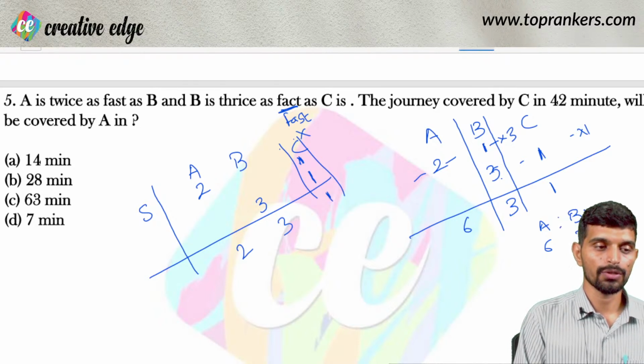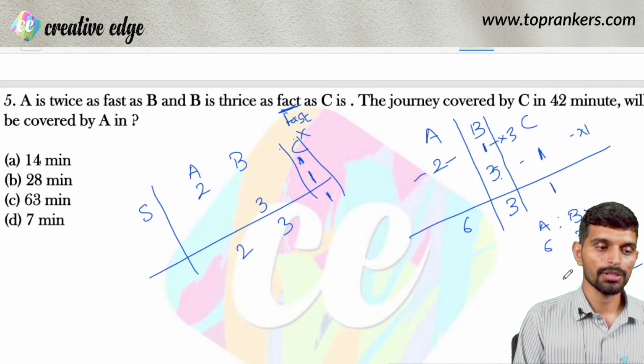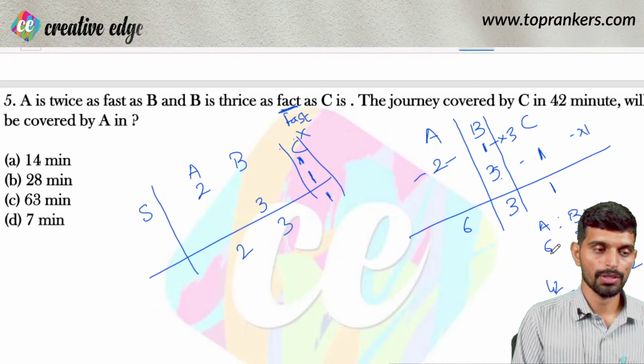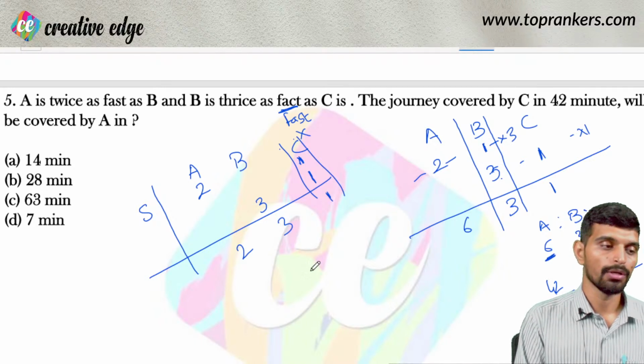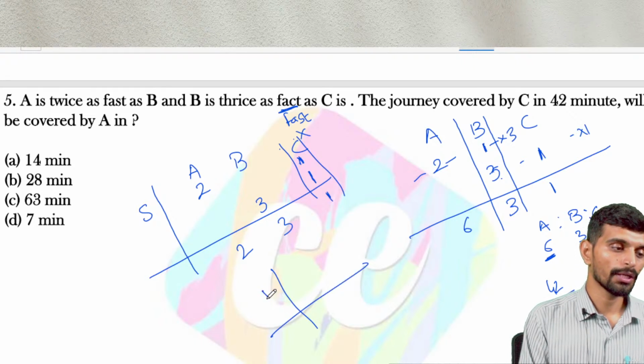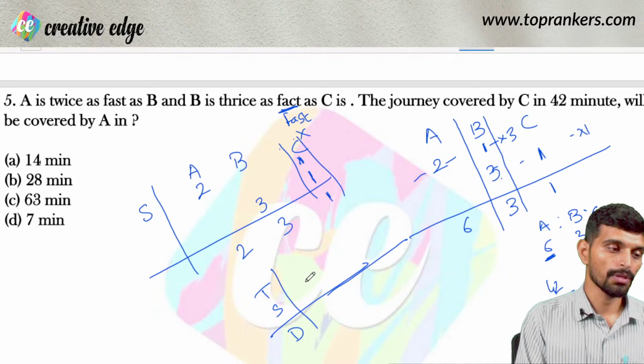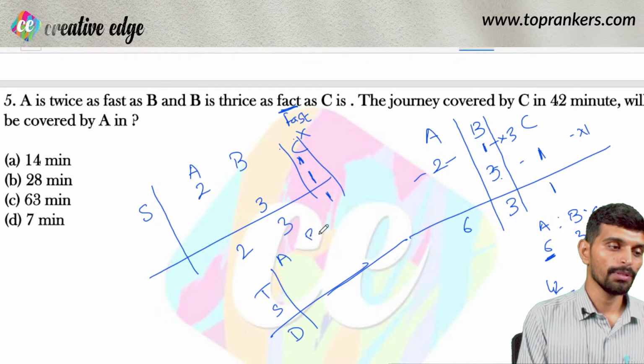That will be the ratio of speeds, and C takes 42 minutes, right? Then A must take time 42 by 6, because speed of A is more, and we know time into speed is equal to distance. So distance is same, and for A, B and C we know the ratios of their speeds, that is 6:3:1.